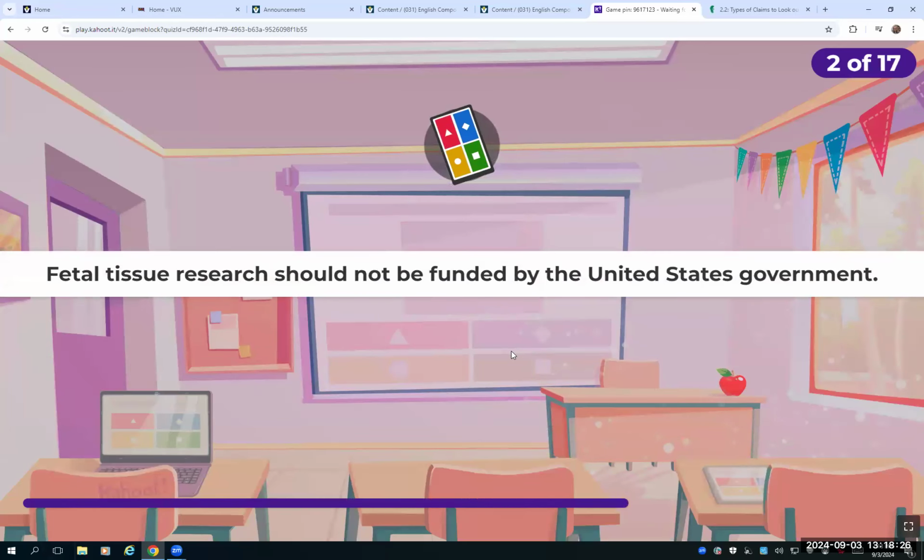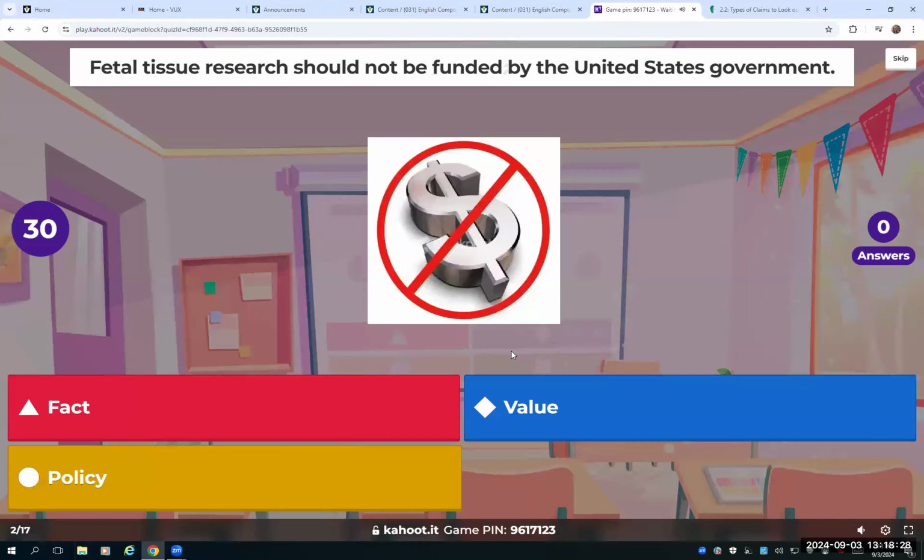Fetal tissue research should not be funded by the United States government. Is that a claim of fact, a claim of value, or a claim of policy? Research should not be funded.